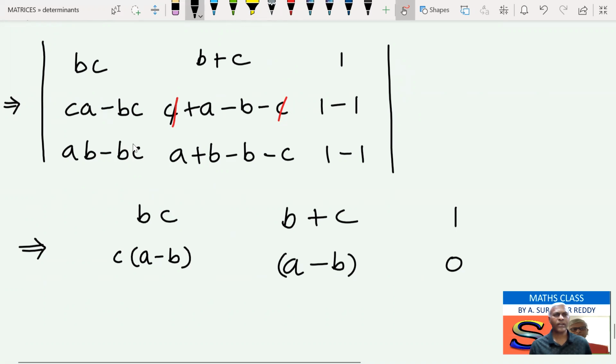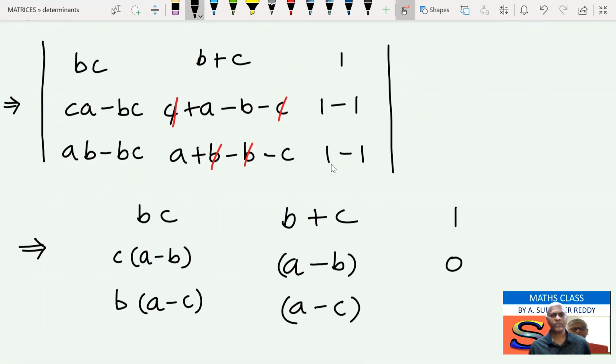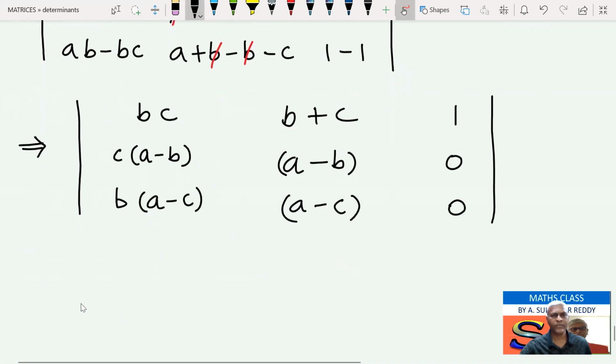In the third row also, taking B common, this is A minus C. Here plus B minus B will get cancelled. A minus C in the second column. So 1 minus 1, 0. After simplifying, this becomes this.